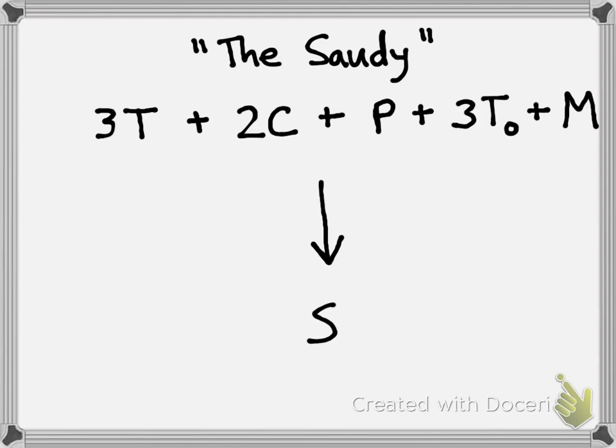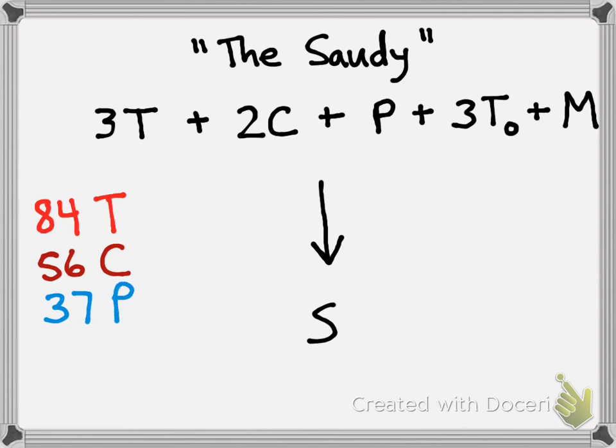So what I want us to consider is how many Saudis can we make if we have 84 pieces of turkey, if we have 56 slices of cheese, if we have 37 pickles, if we have 132 tomatoes, and if we have 56 teaspoons of mayonnaise.